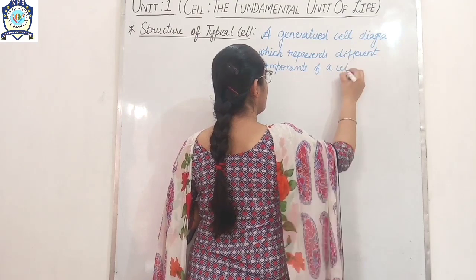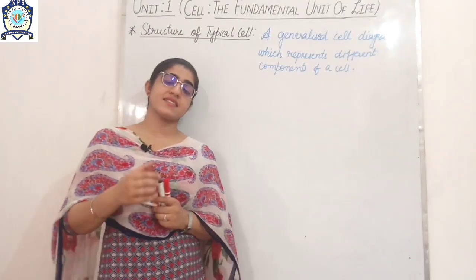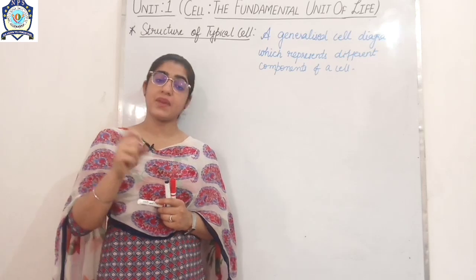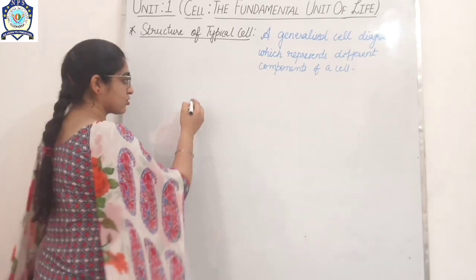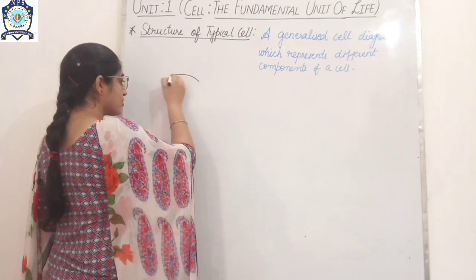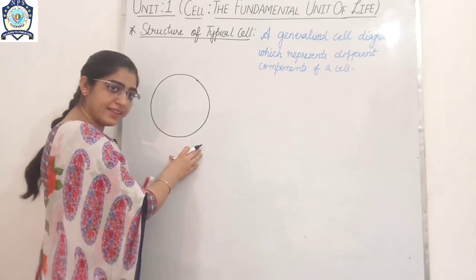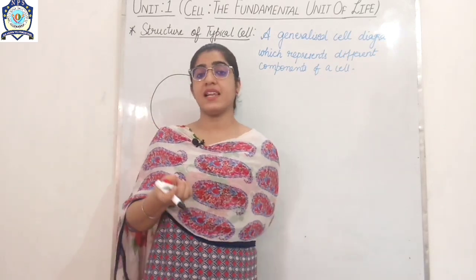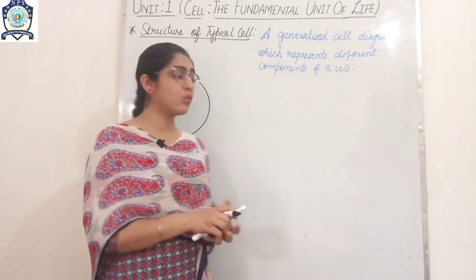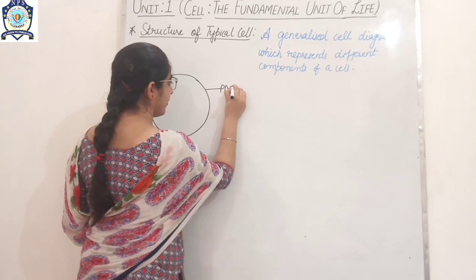For example, in your previous classes, you have studied the structure of a simple plant cell or animal cell. If we talk about the structure of an animal cell, roughly here I am drawing the structure of an animal cell in this way. In the structure of an animal cell there is the outer covering which is known as the plasma membrane.